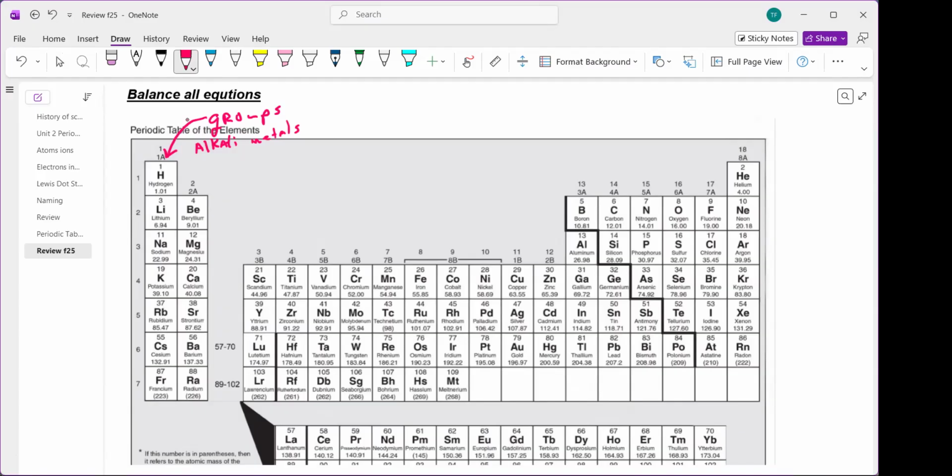Second group, well, this one's here. Second one's the alkaline earth metals.